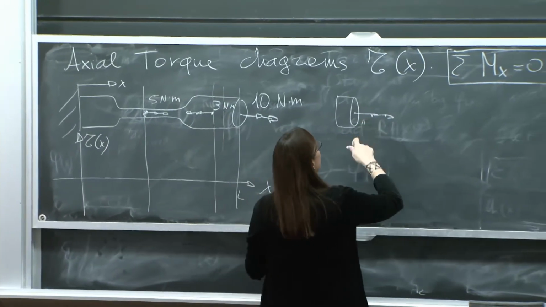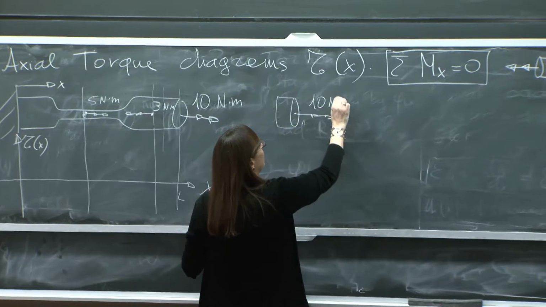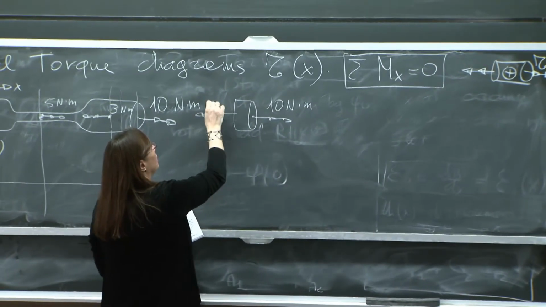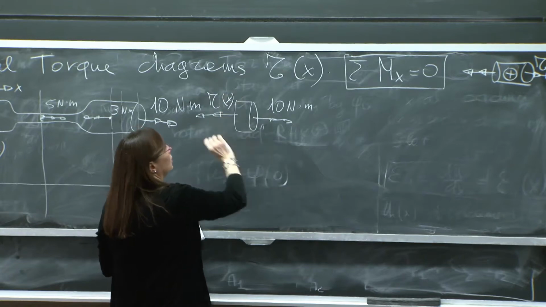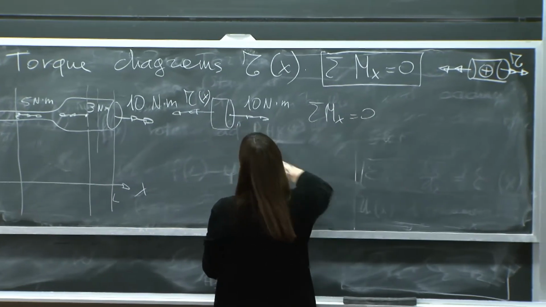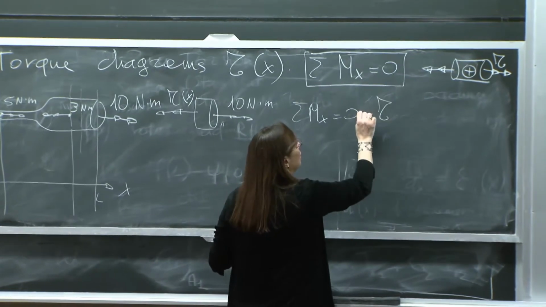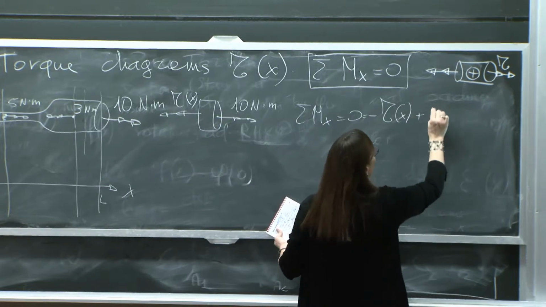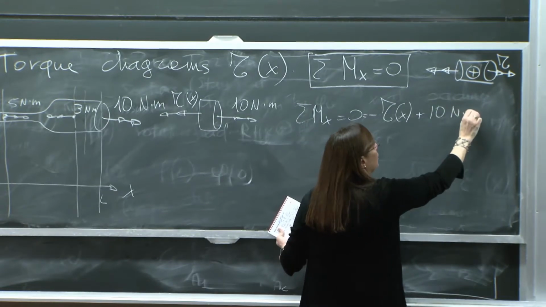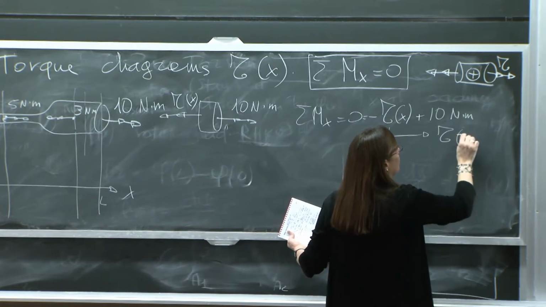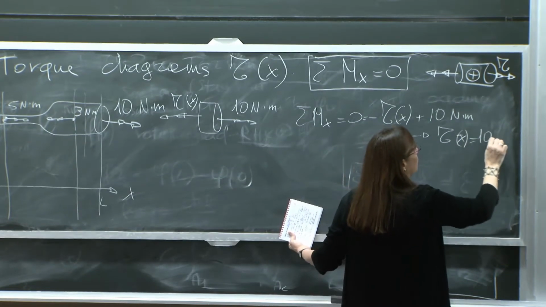I only see 10 Newton meters here. And out of this comes my T of x. I do sum of the moment x equal to 0. I get minus T of x plus 10 Newton meters. And I get that my T of x in this region is 10 Newton meters.